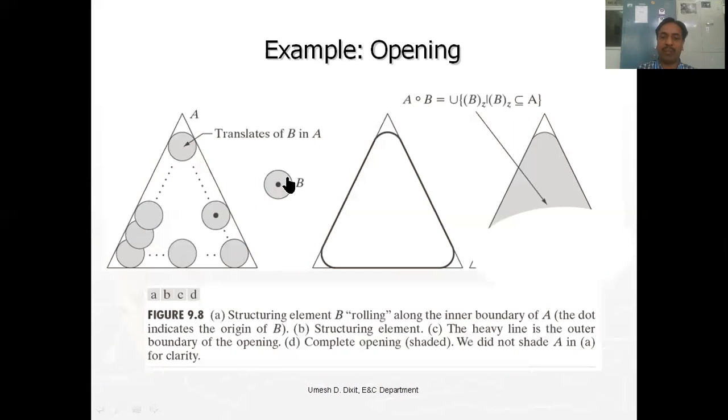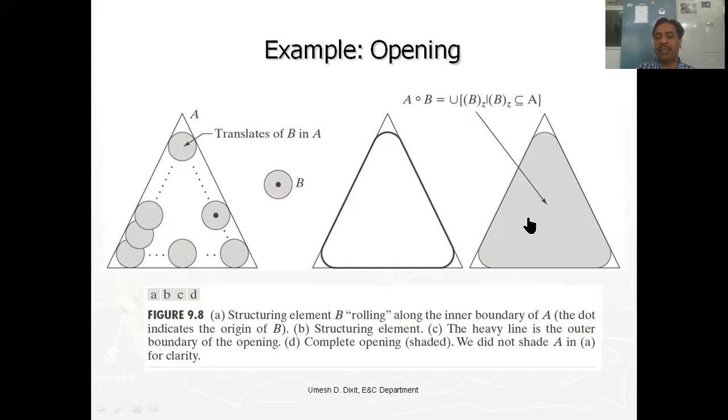When we apply the opening operation, this structuring element circle rolls throughout the inside of the triangle. If this circle rotates within the triangle, the result is smoothing of the contour of this triangle object.